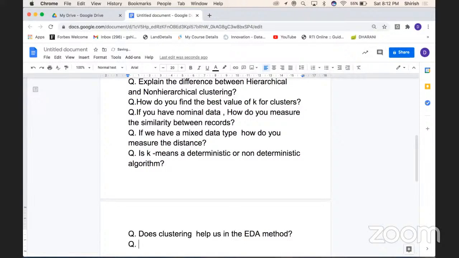How do you interpret that? By logical name, by naming the clusters. Okay.